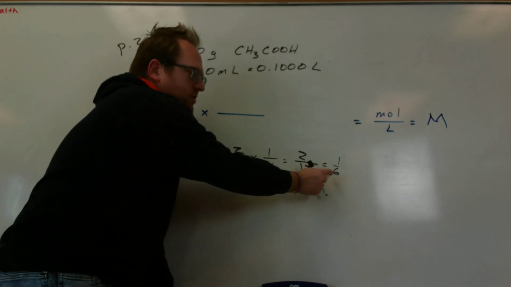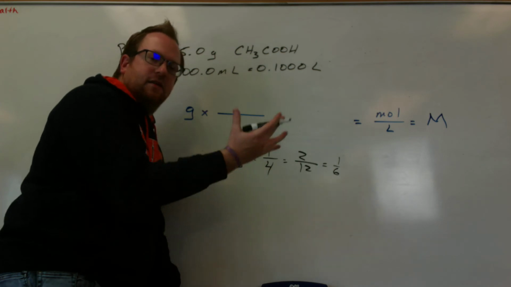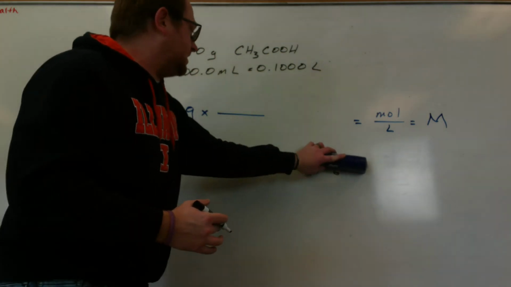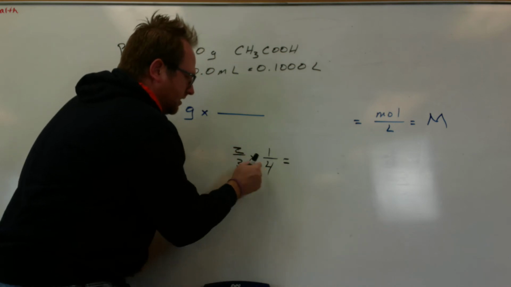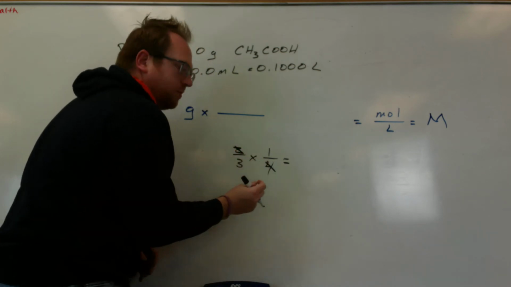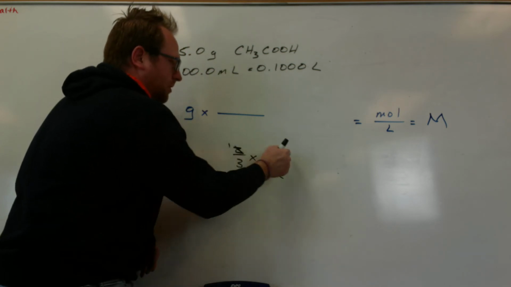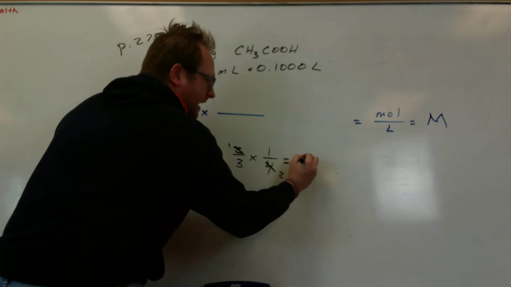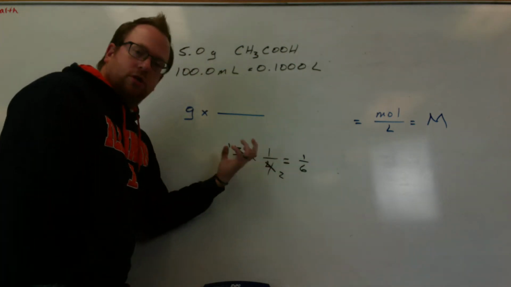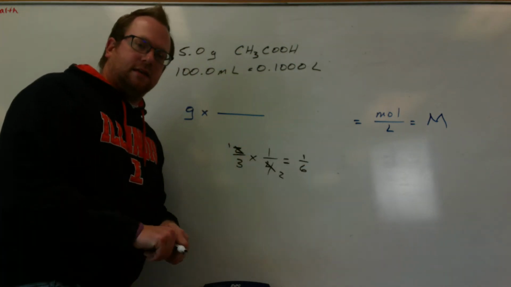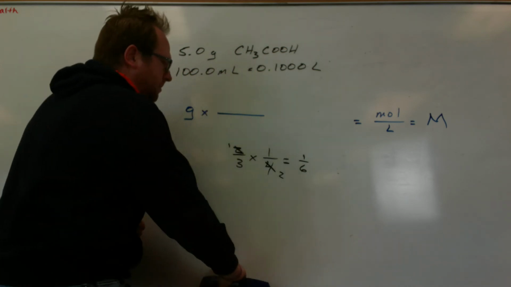So I can reduce it at the end, or I can reduce it at the beginning. If you remember back to math class how to do this, I can reduce diagonally here. And I can say 2 and 4 are both divisible by 2. That becomes a 2, that becomes a 1. I multiply straight across now, and I get 1/6. Same answer, I'm just reducing at the beginning instead of at the end. We're going to use that same idea when we're converting units up here.